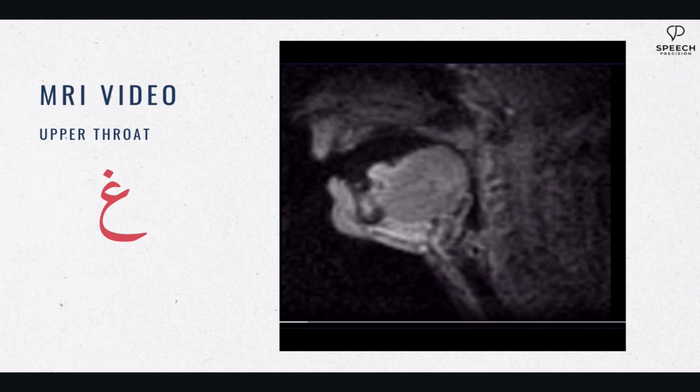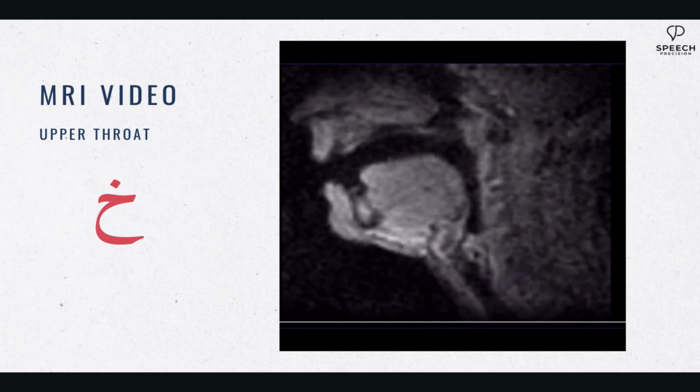So you'll notice that the back of the tongue lifts up and it gets really close to that soft palate. You might also notice that the soft palate raises and goes back to the wall of the throat as well, blocking off the sound from being able to go into the nasal cavity. The main thing that you should see here is the back of the tongue going up towards the soft palate.